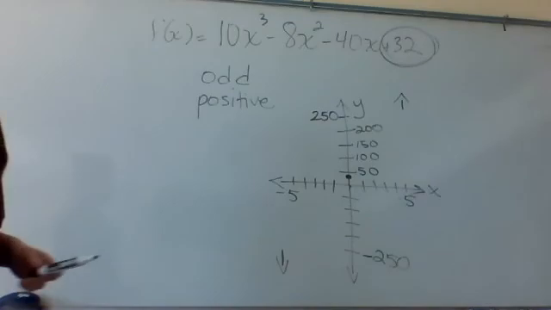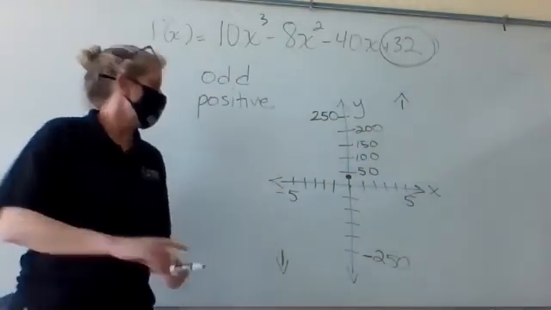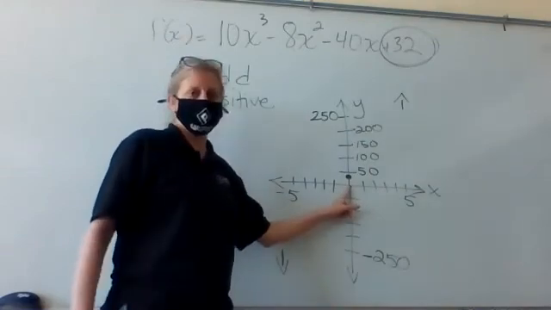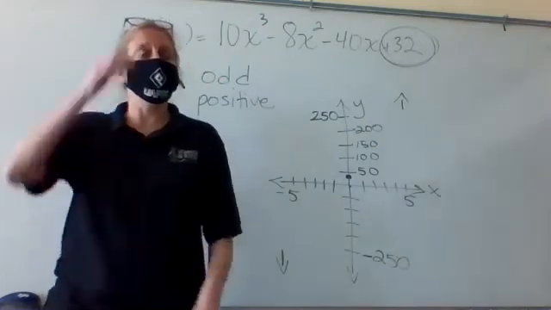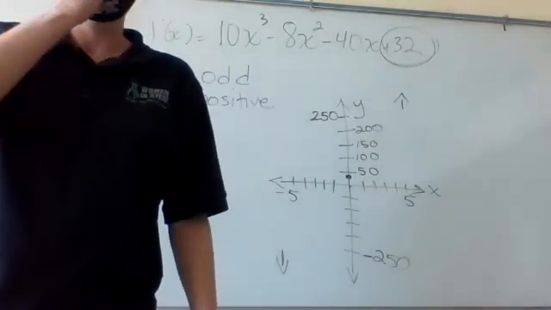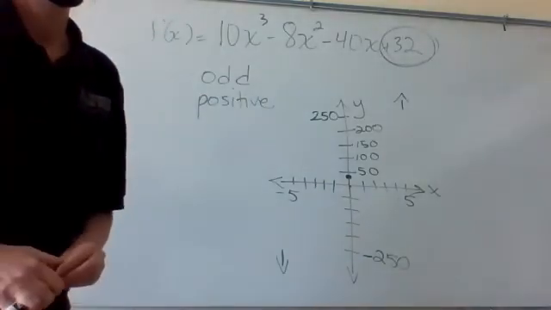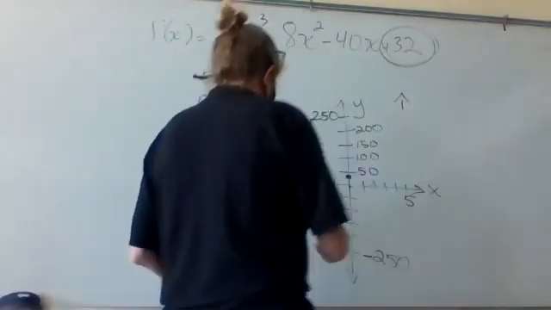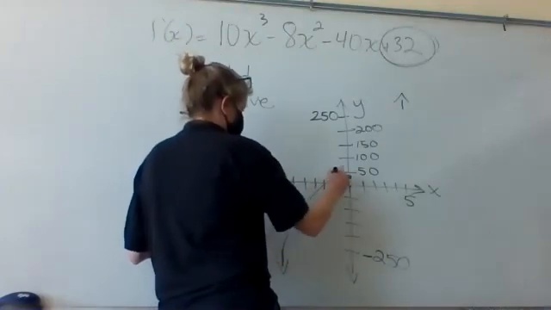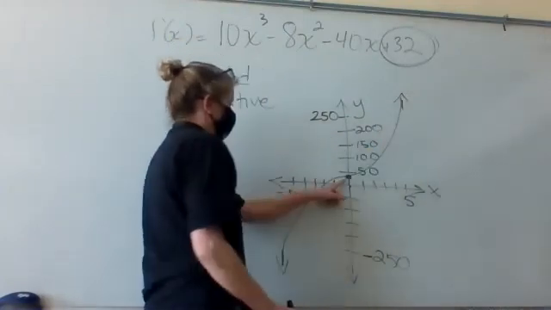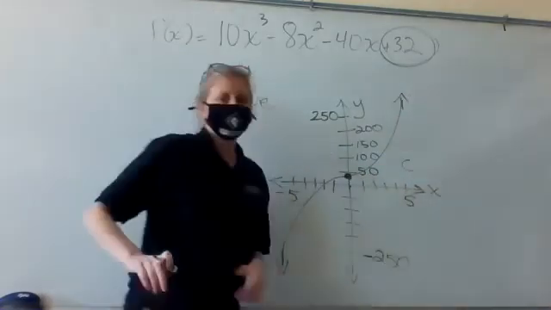The difference between the two that have this end behavior is one of them crosses through the origin, and one of them crosses through a little above the origin. Which one's the one that crosses through a little above? See? So the one that crosses through a little above the origin, which would be at positive 32, would be C.